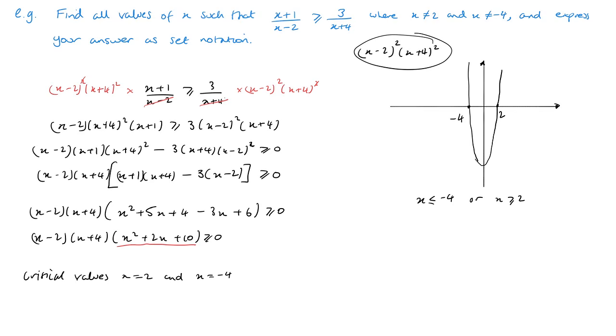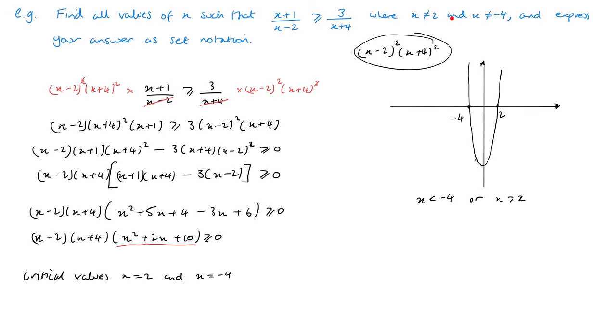Now, in our case, x cannot equal 2 and x cannot equal minus 4. So these are not going to have equals by them. Okay, but in some cases there will be equals there. So you do have to just be careful of whether you put an equals in or not.